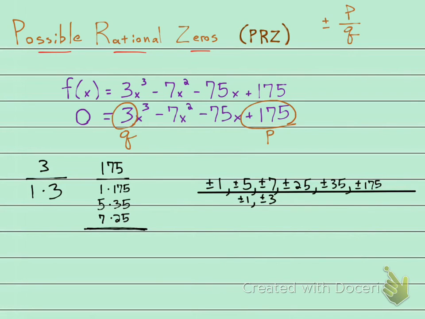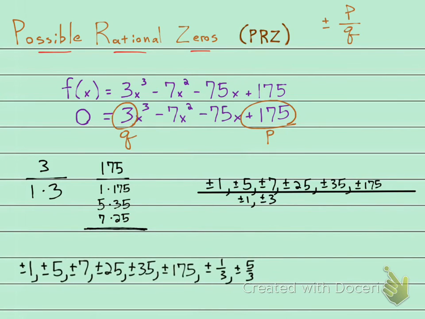Just move it right there. There we go. 5 over 3, and then we continue: 7 over 3, 25 over 3, 35 over 3, and 175 over 3. We will reduce these fractions if we can. For this problem, none of them reduce.